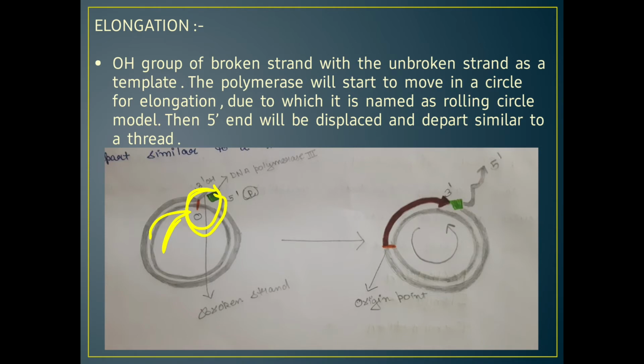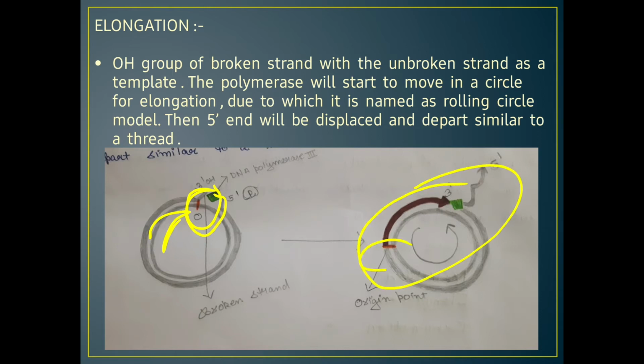With this template strand, that of the unbroken strand, with the help of DNA polymerase 3, we have studied about DNA polymerase 3 and its importance. With its help, it starts to move in a circle for elongation, as you can see here.